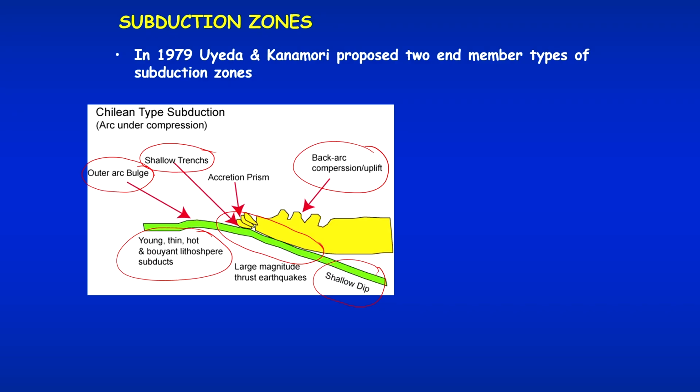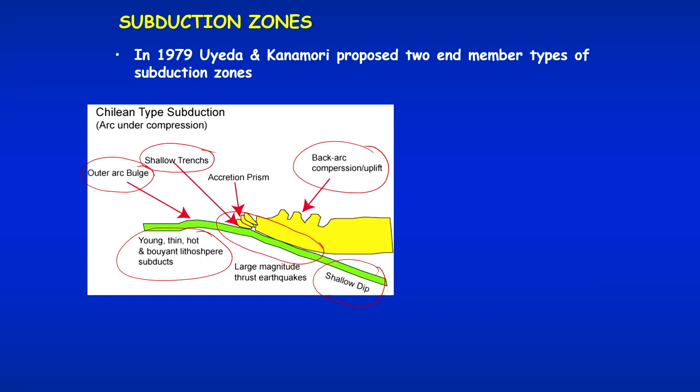For example, if you are having subduction of an oceanic plate which is denser, then it will have a higher angle. But if it is less dense, young, then you will see a sort of shallow subduction going on.